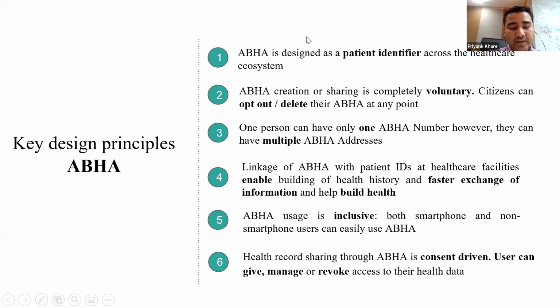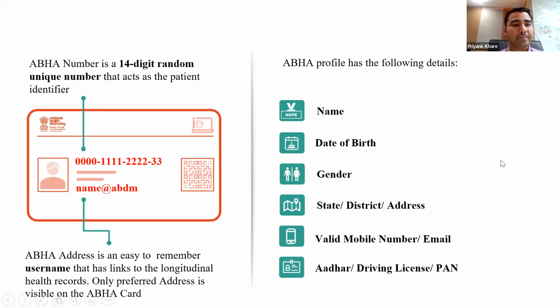Now, ABHA is very easy to create with just some basic demographic details like name, gender, DOB, mobile. All you need is an ID. ID means Aadhaar and now DL, driving license, which I will explain a little more in my next slides. Next slide, please. Yeah. So, ABHA means Ayushman Bharat Health Account, and ABDM means Ayushman Bharat Digital Mission.